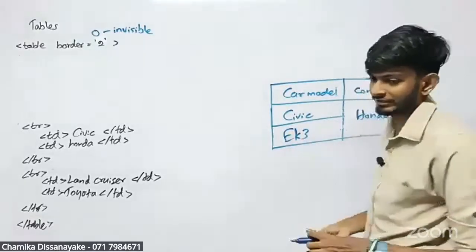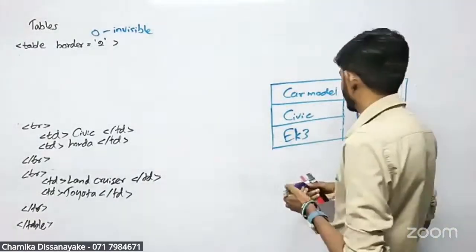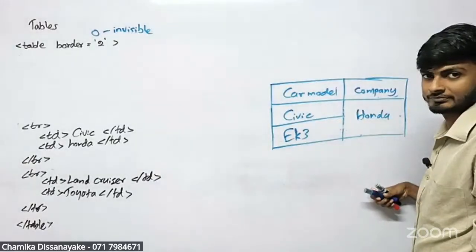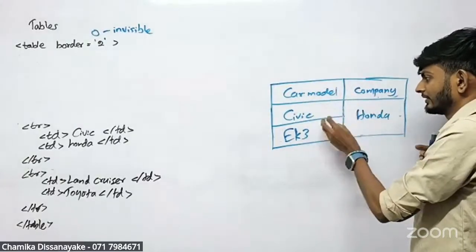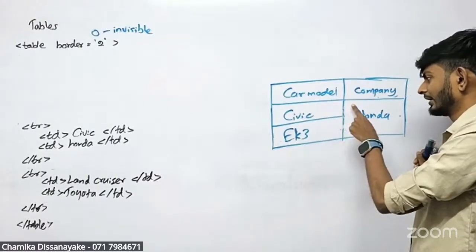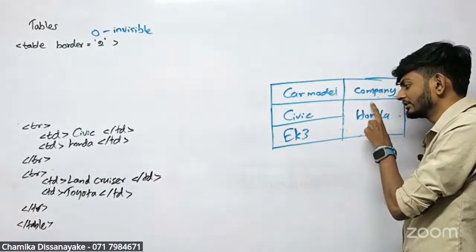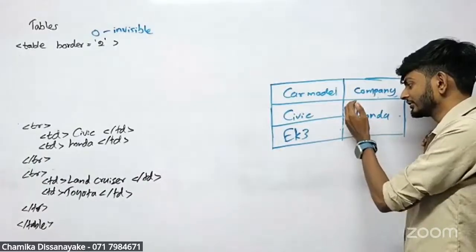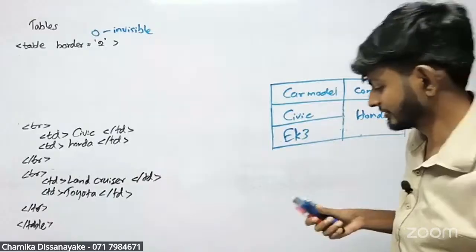It is also a Civic. What is the difference? Here we have the car model as the same. So we have a second row, but the second row has another data, and that data is merged with the third row data. Actually, here we merge two rows. So let's write that one.